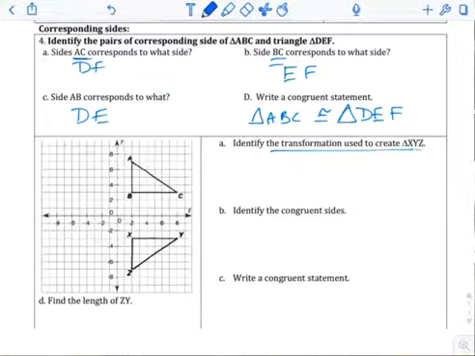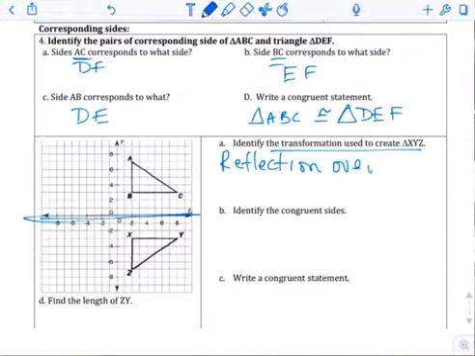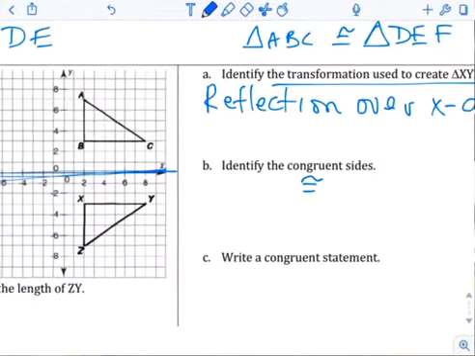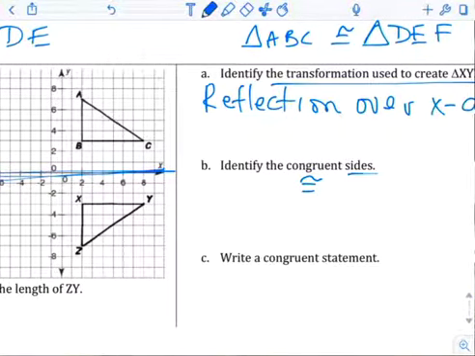Identify the transformation used to create this one. It's a reflection over the x-axis. Put a mirror right here. It's a reflection over the x-axis. Identify the congruent sides. Okay, let's see the sides. This is side AB. How long is that? 4.